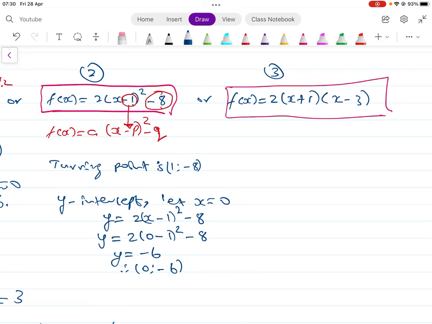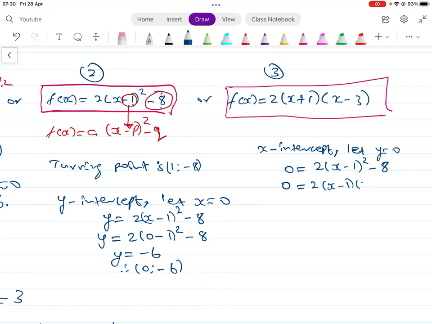And then for the same function, you can try to get the x-intercept. By trying to get the x-intercept, you let y equal 0. That means 0 equals 2 into (x minus 1) all squared minus 8. Now we just need to multiply out so that we can solve for x.